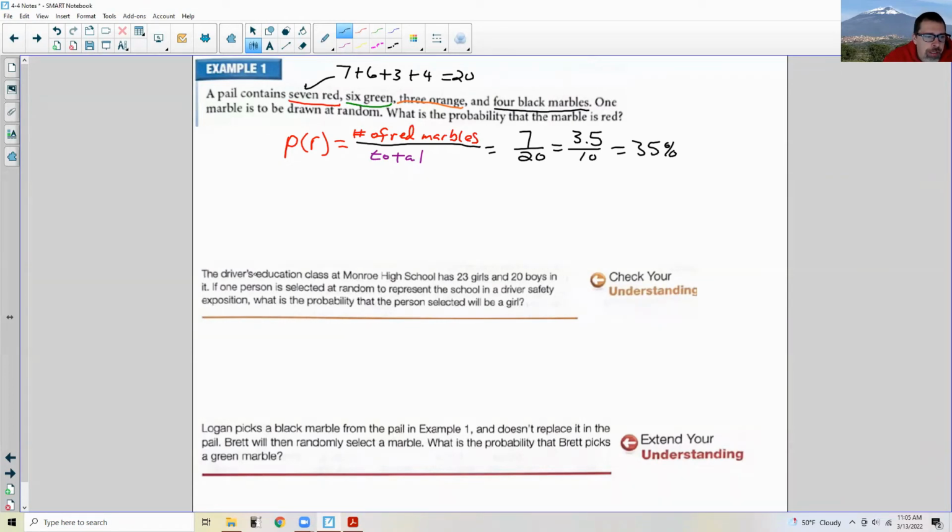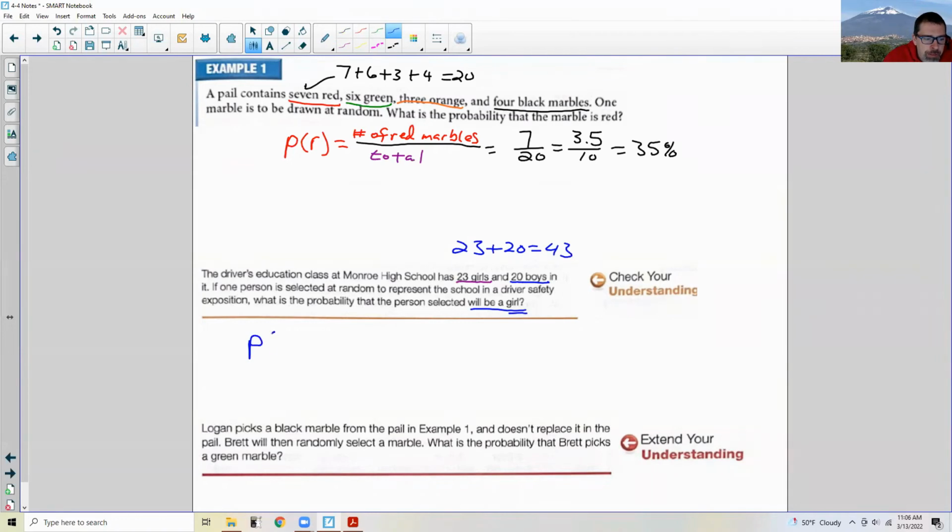Okay, check your understanding. The driver's education class at Monroe High School has 23 girls and 20 boys. So 23 plus 20 equals 43. That's our total. If one person is selected at random to represent the school in a driver safety exposition, what is the probability that the person selected will be a girl? Girls is right here, 23.